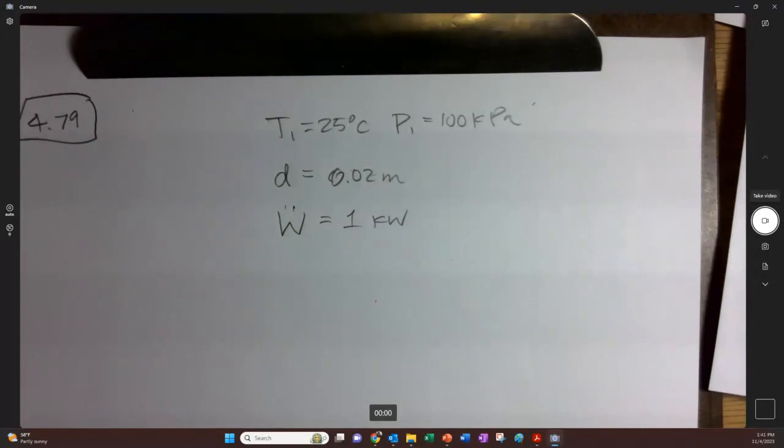And what is the answer? All right, so we're aiming for somewhere in the range of 18.55 meters per second.